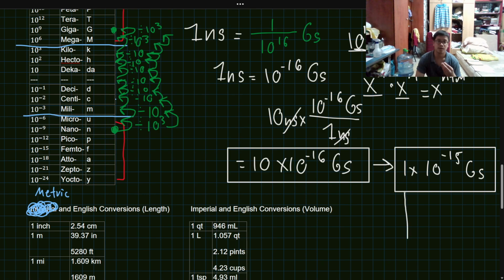Now, here's the question. Is this valid as our answer, like 1 times 10 raised to negative 15? Yes, it's valid. Now, the question is why?